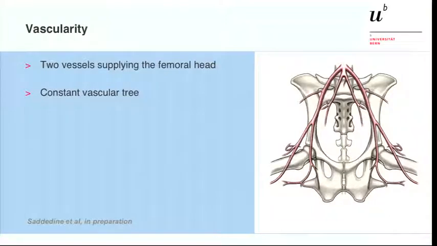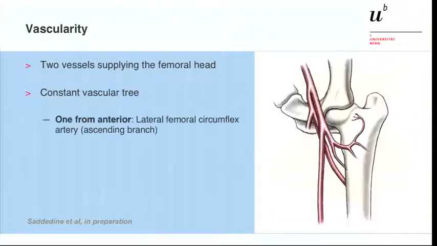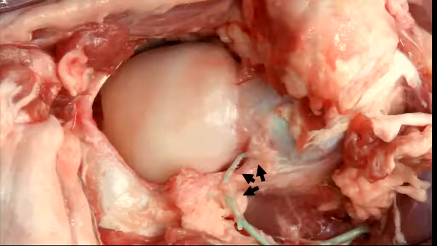We found a very constant vascular tree, and we found one from anterior, which comes from the ascending branch of the lateral femoral circumflex artery, and then it enters the femoral head in the anterior portion. In contrast to human beings, where typically this would be the branch which goes to the Weitbrecht ligament. This is how it looks.